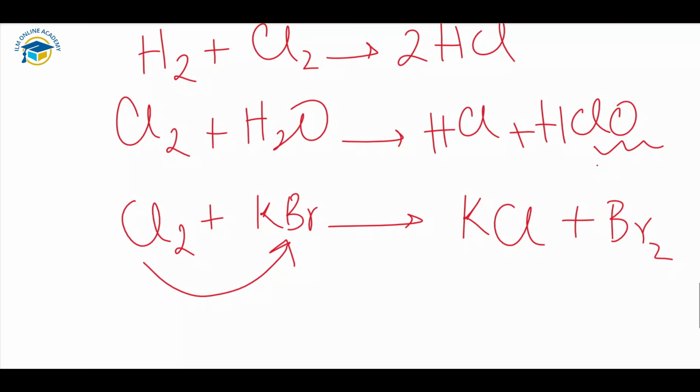We will balance this equation. There should be 2 KBr and 2 KCl here. So chlorine can also replace the iodine from potassium iodide, because chlorine is much more reactive as compared to the other halogens. Next we will talk about the group 8 elements, or the noble gases.